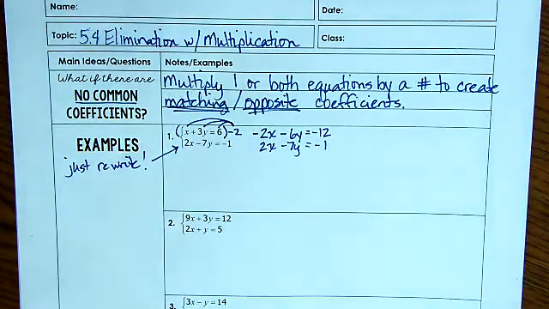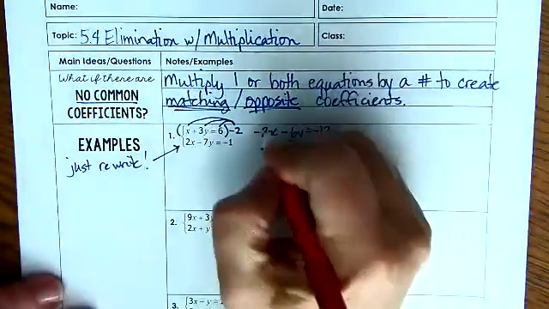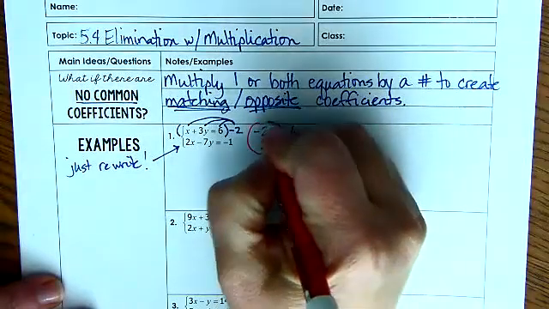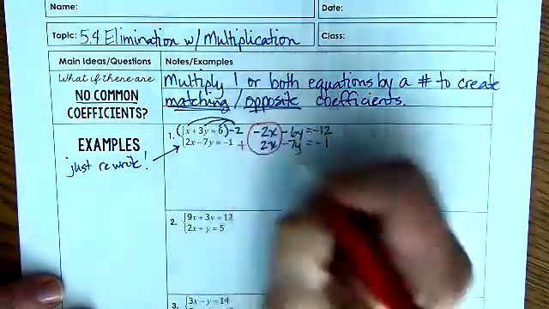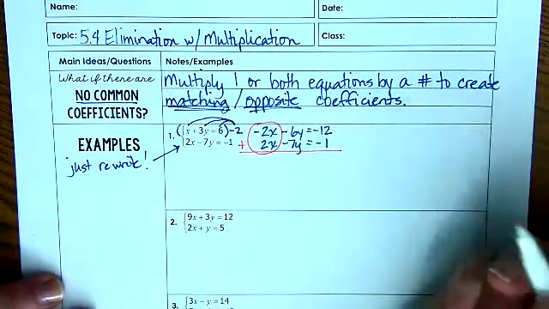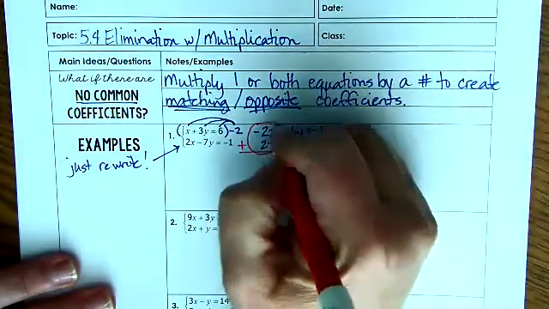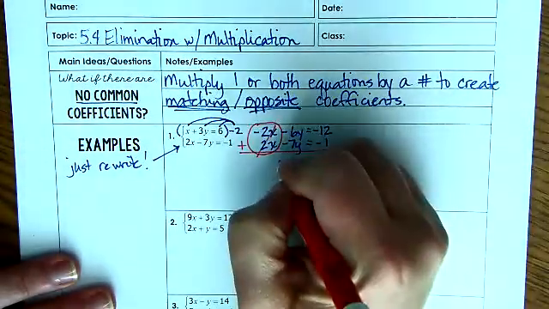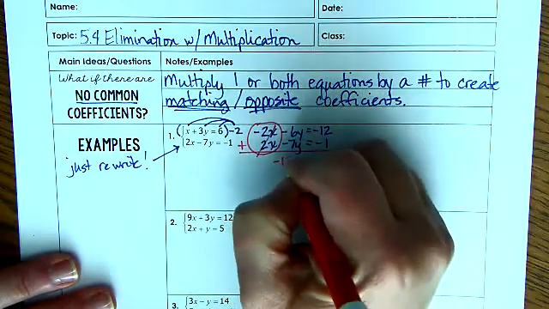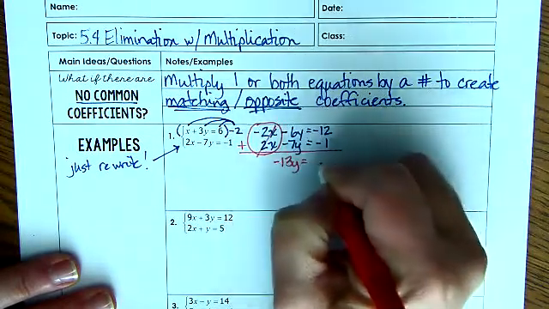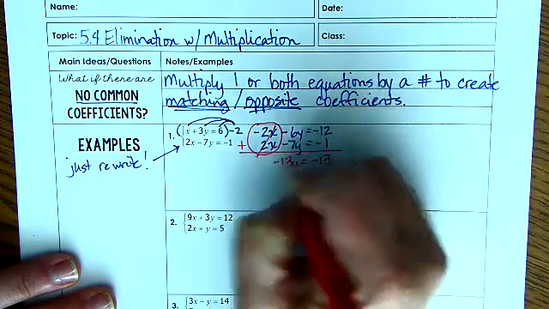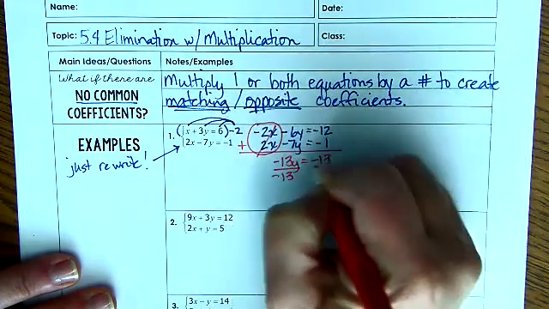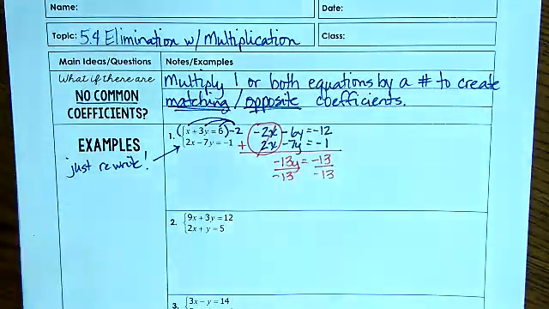And now if I just add the two equations together, they're going to cancel. My x's cancel and I'm left with, remember I'm adding, -13y equals -13. Divide by -13, and now we're just back to solving the system.